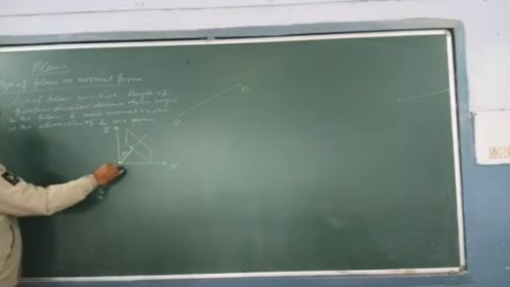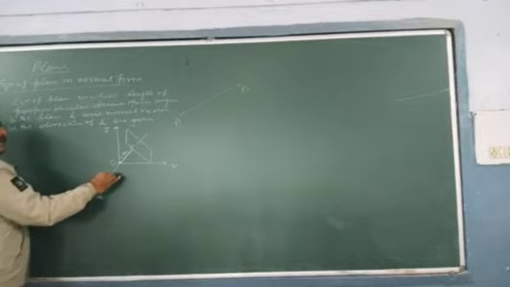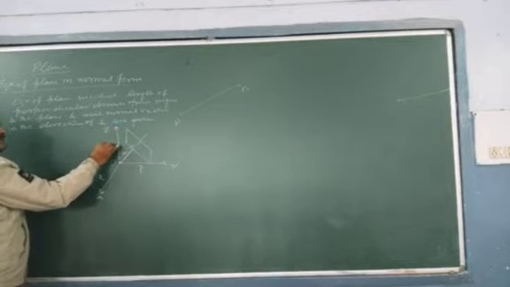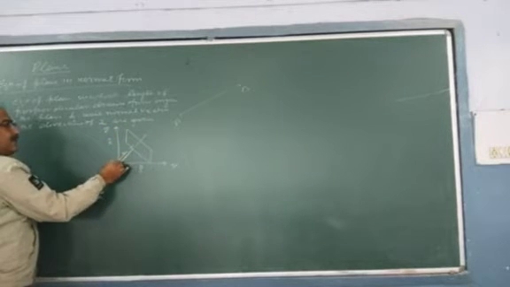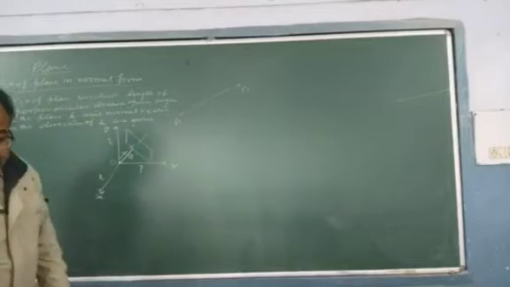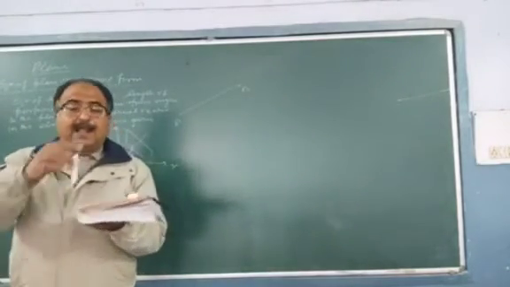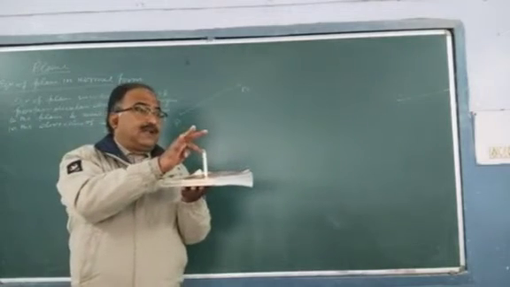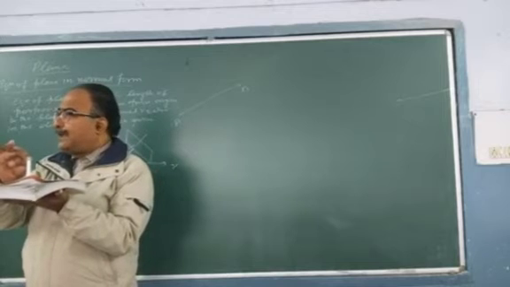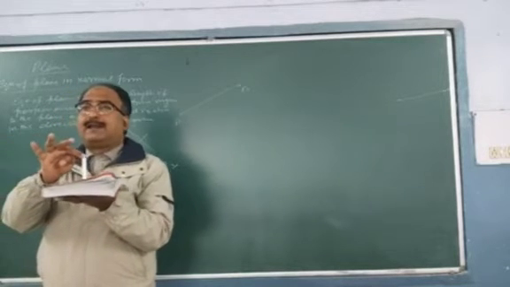As you see, the unit vector in the direction of x is i cap, in the direction of y is j cap, in the direction of z is k cap, and the unit vector in the direction of the perpendicular drawn from the origin is n cap. D is the magnitude and n cap is the unit vector. Now you see, it is the plane and this is the perpendicular to it, and this acts as a normal to the plane. Every perpendicular on the plane is known as a normal of the plane.